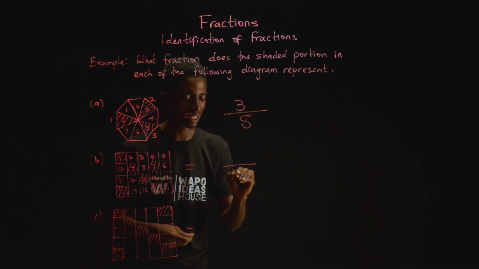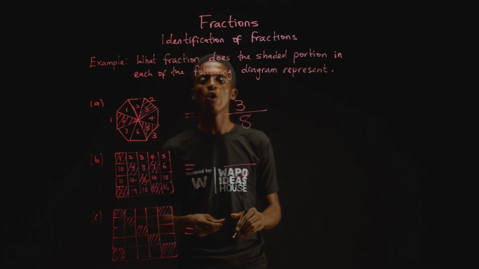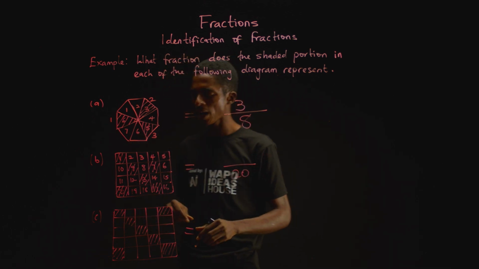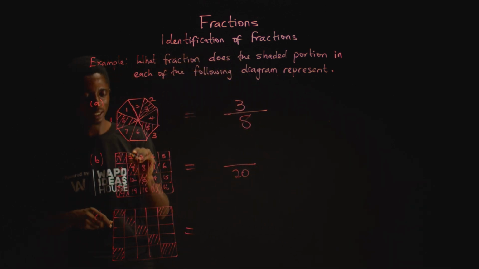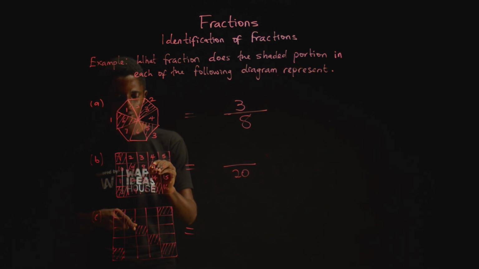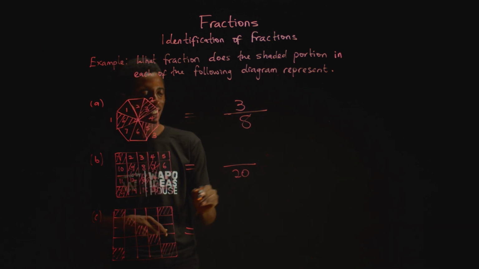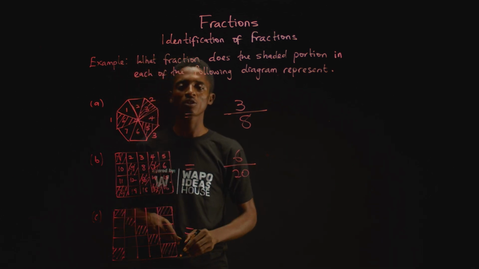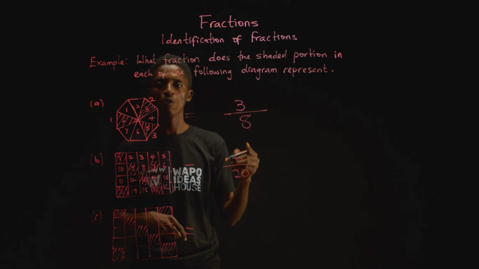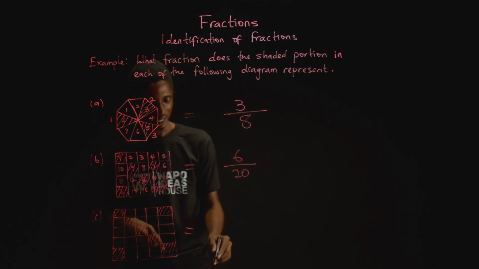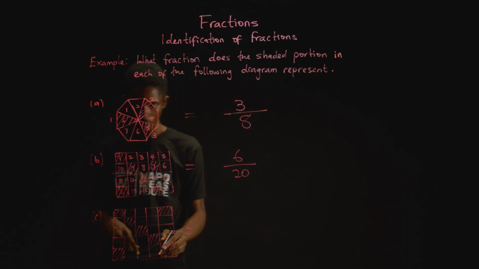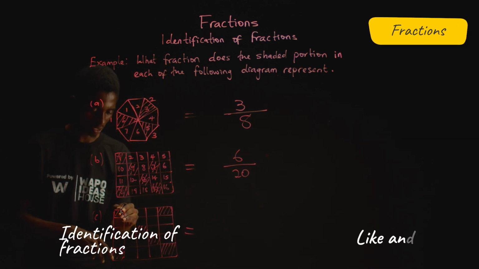It has been divided into 20 equal parts. Now the number of parts shaded: 1, 2, 3, 4, 5, and 6. So this represents 6/20.